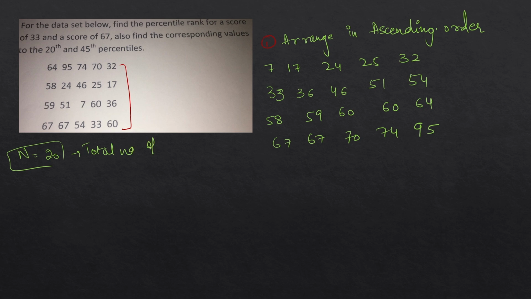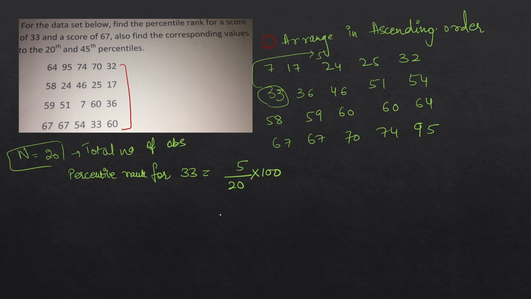All right. So here the percentile rank for 33: 33 here is the sixth observation. So before that we have 5 more observations. So this would be 5 upon 20 into 100.